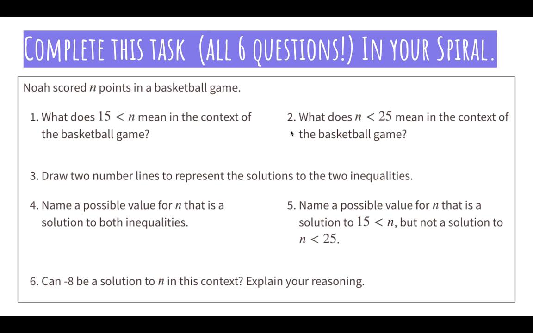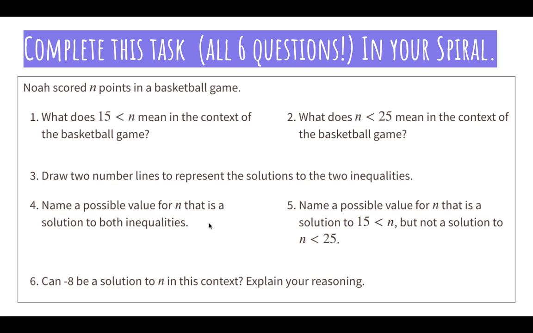Number two, what does N is less than 25 mean in the context of the basketball game? So what do these two inequalities tell us about how many points Noah might have scored? You're going to draw two number lines to represent the solutions to the two inequalities. So you need a number line with a circle and an arrow to show 15 is less than N, and a second number line with an arrow and circle that shows N is less than 25.